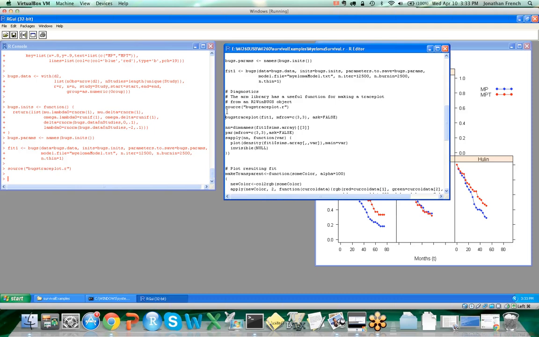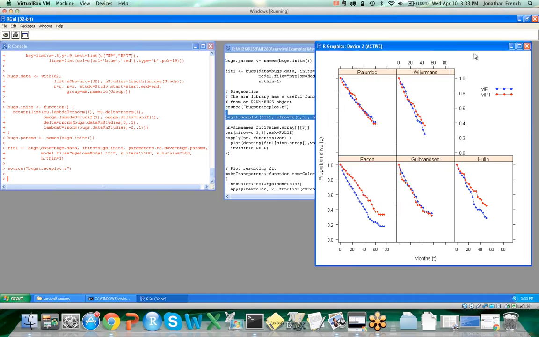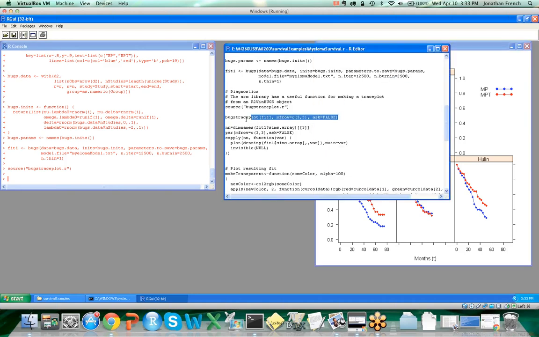And what that allows us to do is to take a fitted BUGS object like this fit1 and just pass that into this function. I've renamed it bugs traceplot, and then tell it what the layout is to be. Before I run that, let's see if we can turn on our history here. You could output this to a PDF file if you want.